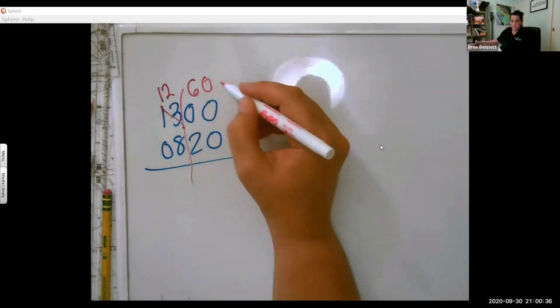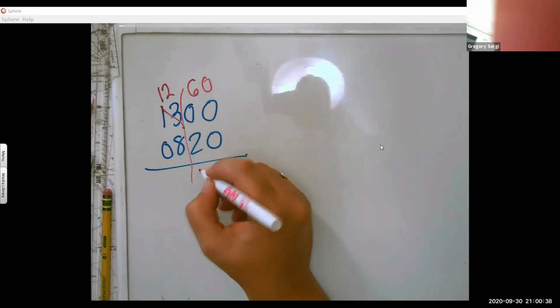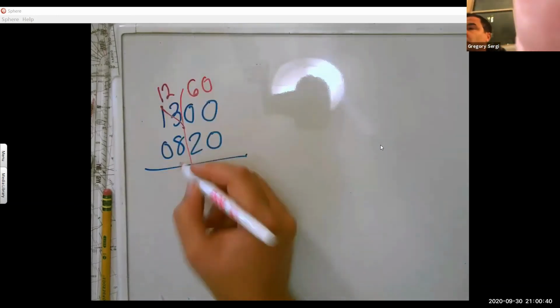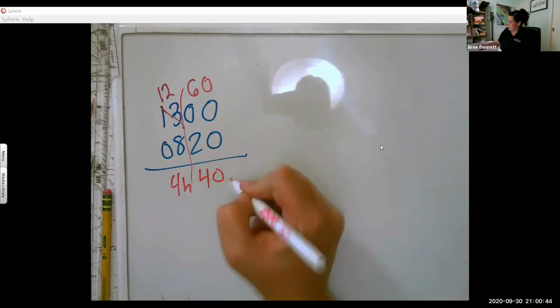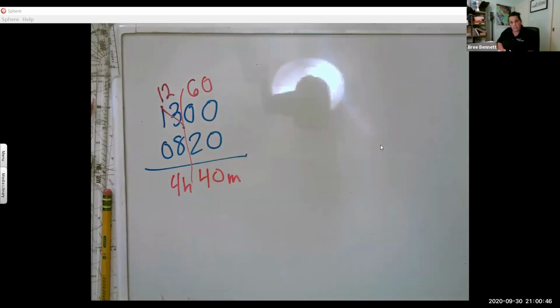And we get 60 minus 20 gives us 40. 12 minus 8 gives us 4 hours and 40 minutes as our total leg of, or total cruise time. All right.